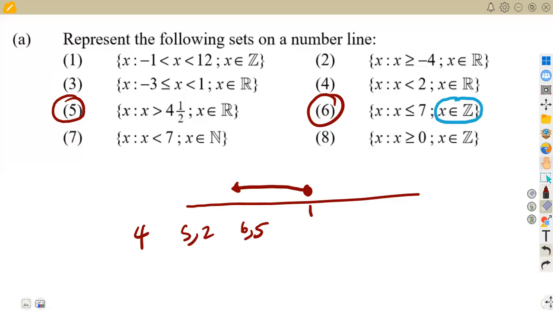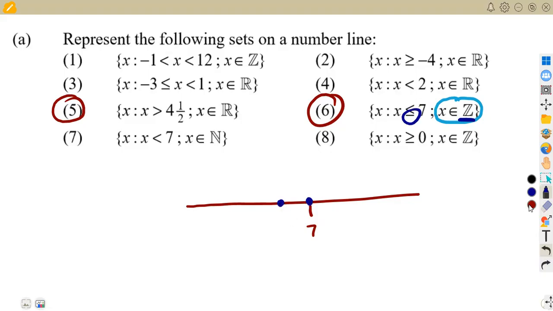Why am I saying so? It is because here we are given that this x that you're talking about is an integer. So what you do is indicate the integers that are less than 7, with an equal to show that 7 is also involved. So we're going to start at 7. Because they are integers, the next integers less than 7 are 6, 5, 4, 3, 2, 1, 0, -1.